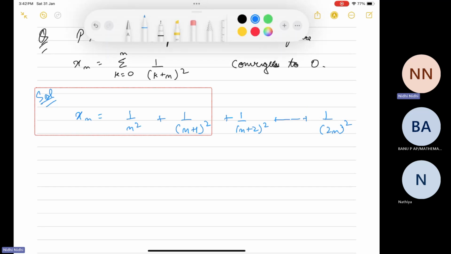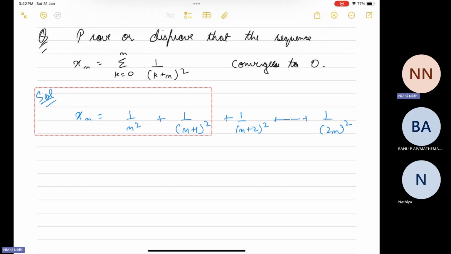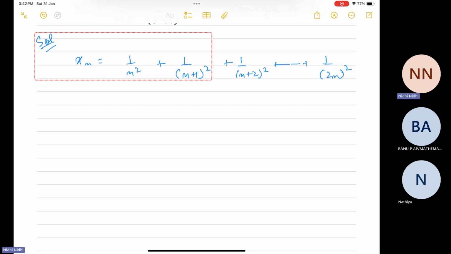So in order to prove that this sequence is actually convergent, we'll be using the sandwich theorem or the squeeze theorem. So let me just recall what we mean by squeeze theorem. I think you must have done this in theory class.